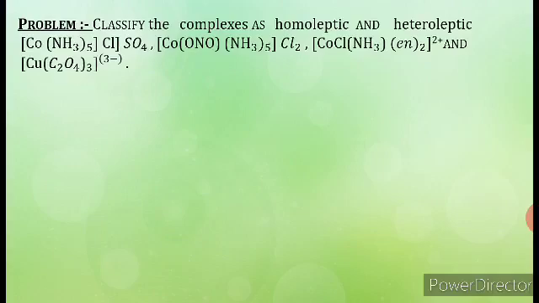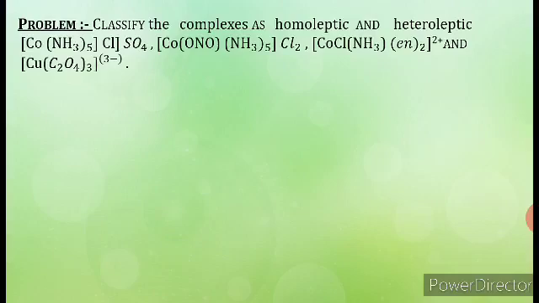Cobalt will show +3 oxidation state, but copper generally shows +1 and +2. So instead of copper, it should be cobalt or chromium. So you should change this last formula in your textbook also.